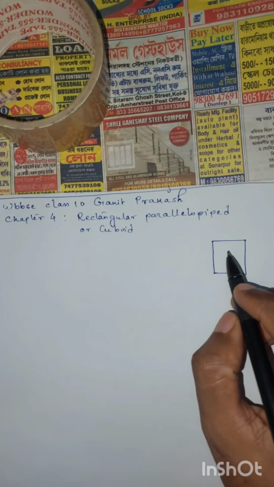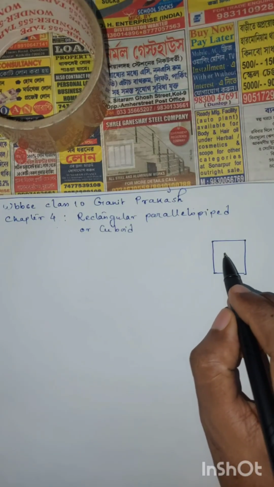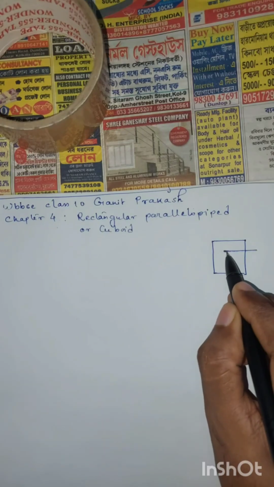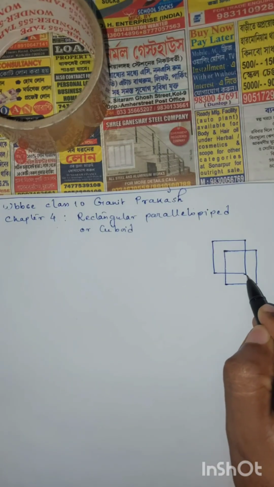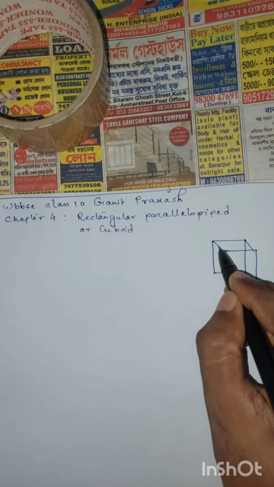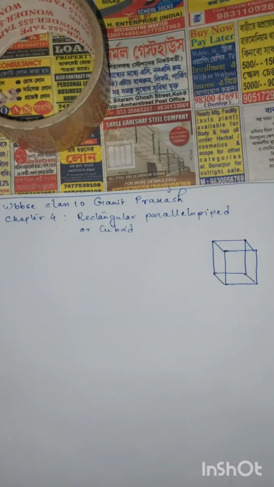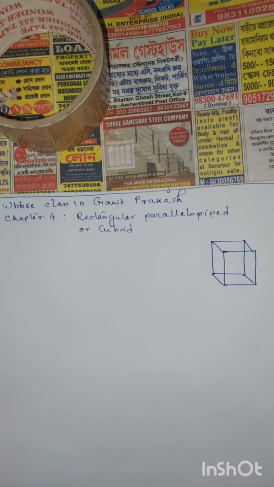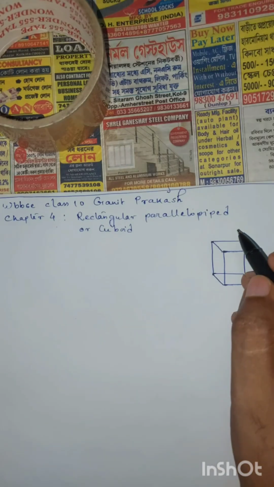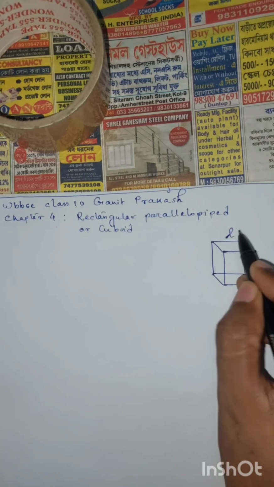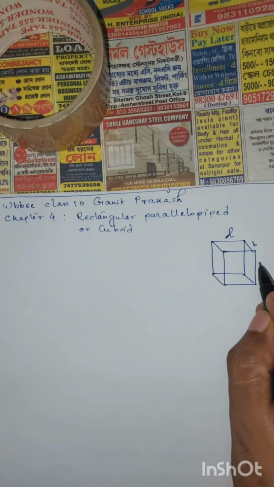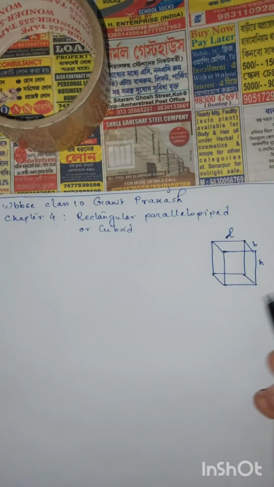That means when we discussed a cube, we said a cube is a 3D figure where its three dimensions are equal. That means the length, the breadth and the height, these three things are equal.